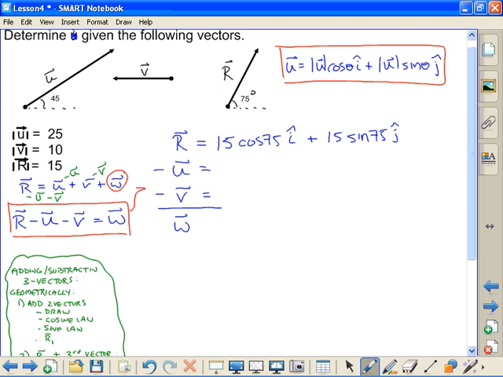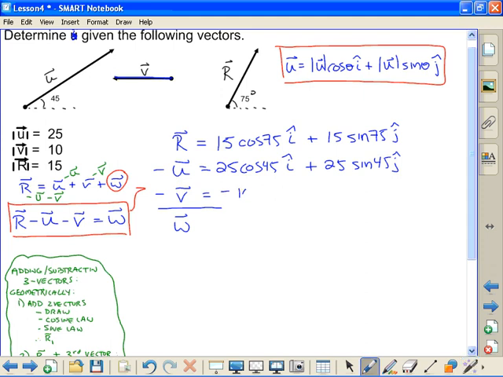So there is my r vector. My u vector, its length is 25, so 25 cos 45 i. And again, because it's moving to the right and up, you've got positive x, positive y. So plus 25 sine 45 j. Finally, my v vector is moving to the left, so it'll have a negative x component. It's horizontal, so there's no j component.